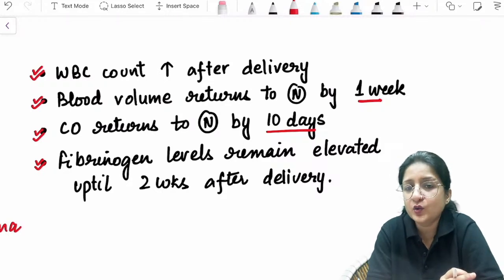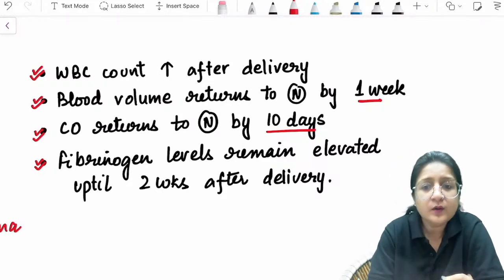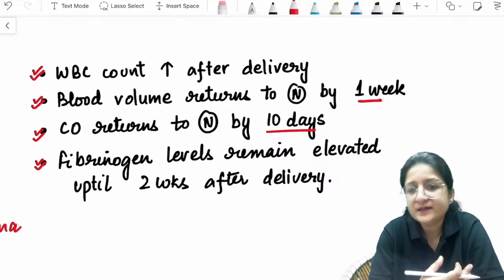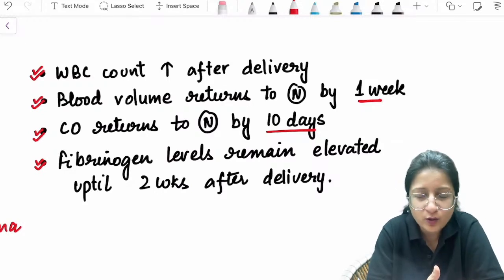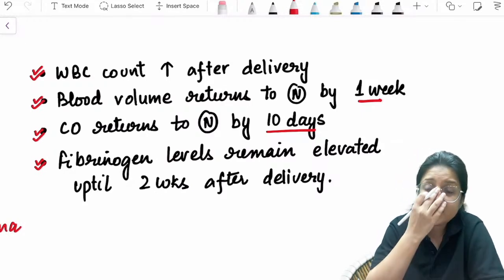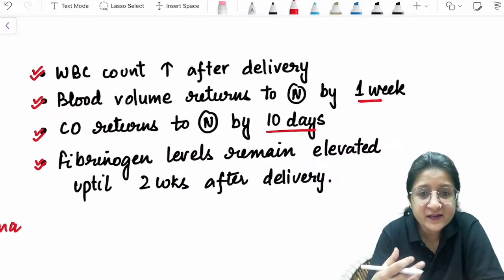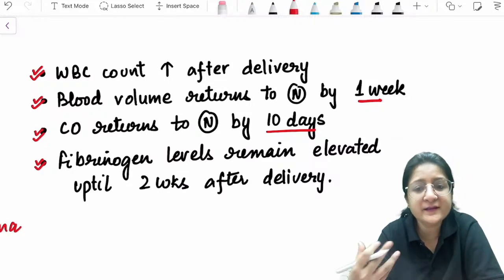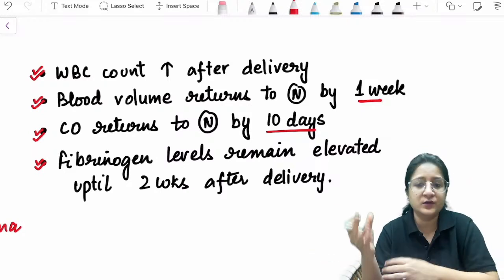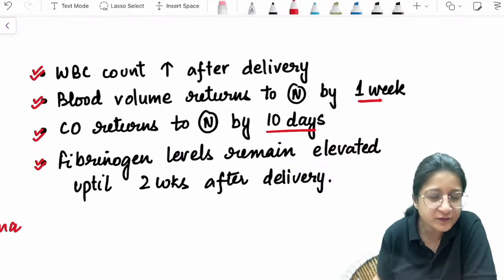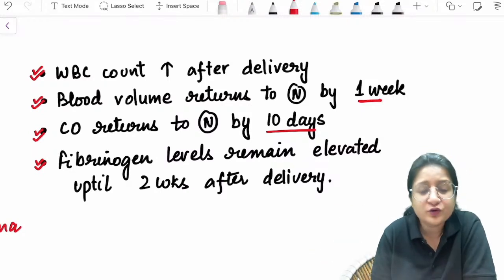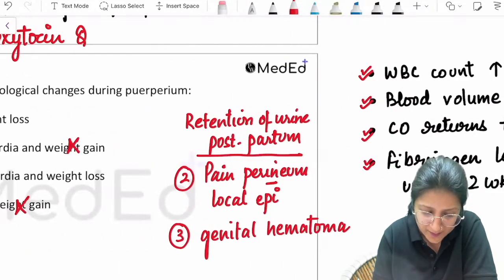After that they are going to settle down. Okay, so even the postpartum period is a hypercoagulable situation. That's why in the postpartum period we encourage women to quickly return and walk around to prevent the risk of thrombosis or deep venous thrombosis. So these are 4 important pointers for MCQs you should remember.